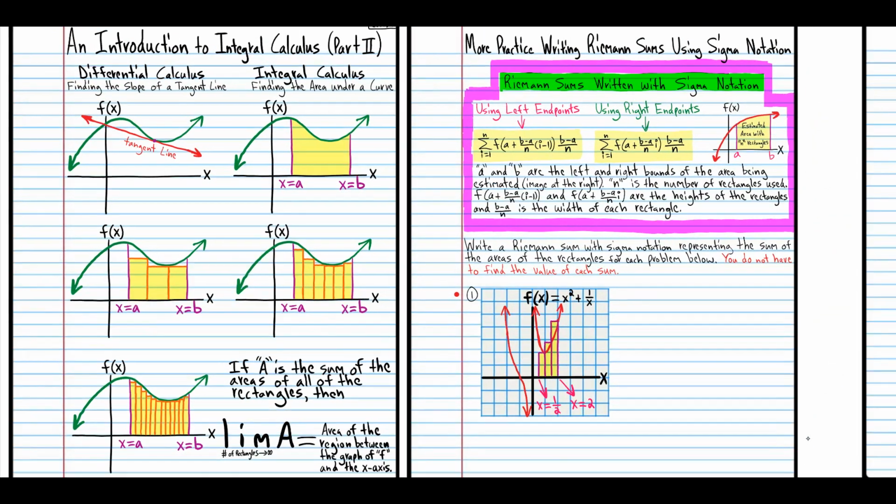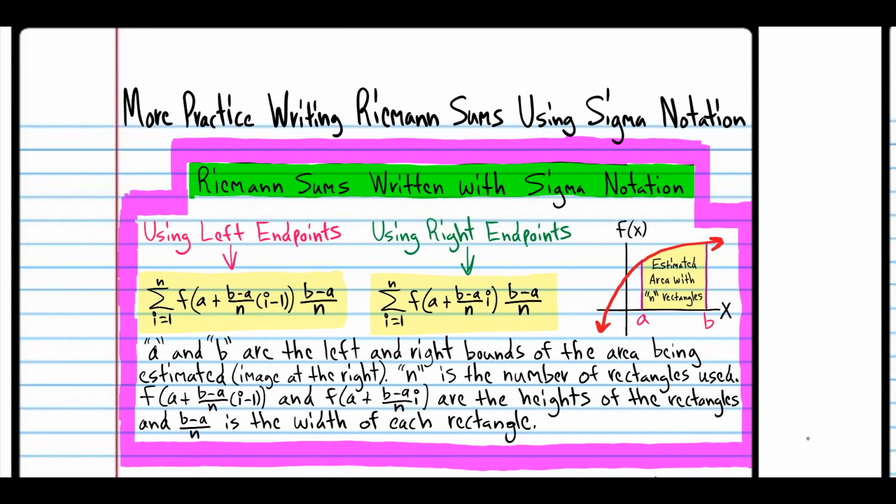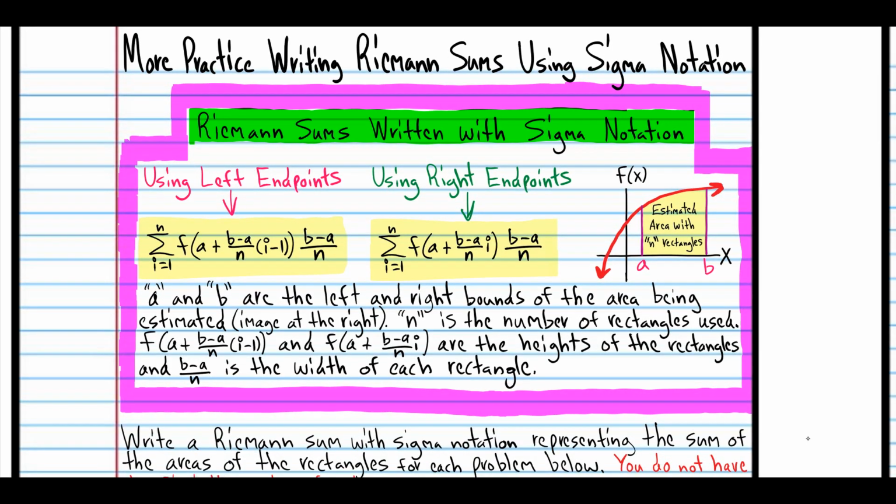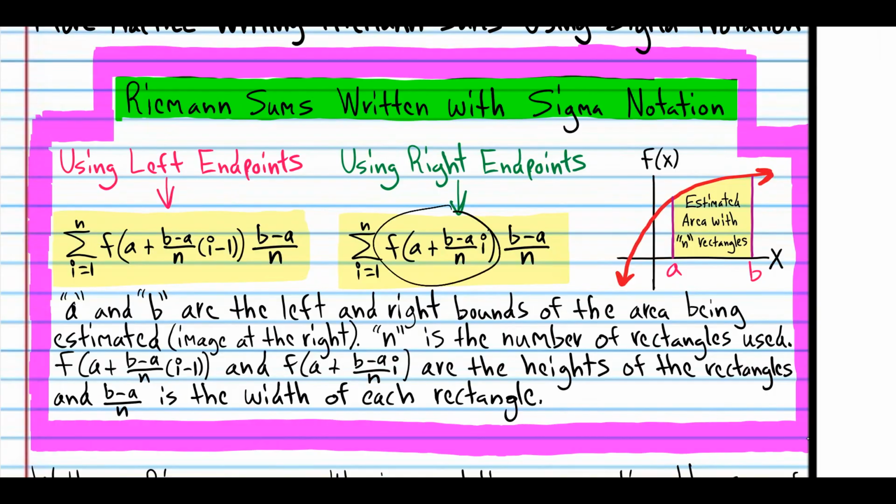But before we do that, I want to do a little bit more practice with Riemann sums. We're not going to actually calculate the sums. We're just going to practice writing the sums with sigma notation. And these problems are going to be a little bit different. I just want to demonstrate a principle. I want to make sure that you understand function notation before we continue on.